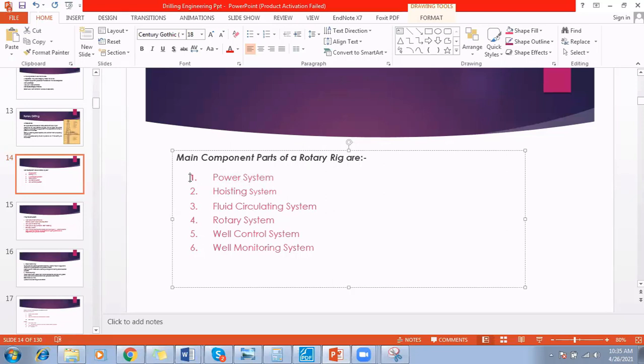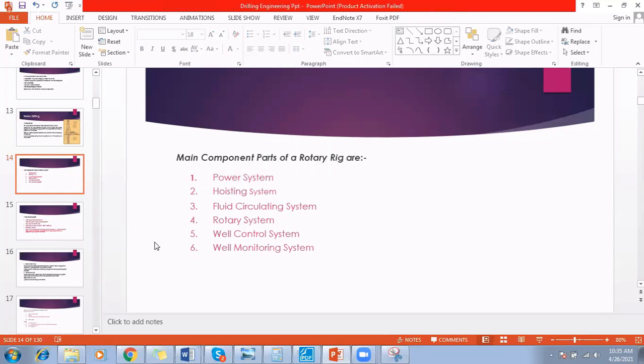As the word shows, it discusses the power that is actually used in the drilling rig, or in the rotary drilling operation, because we are currently discussing the components of rotary drilling.